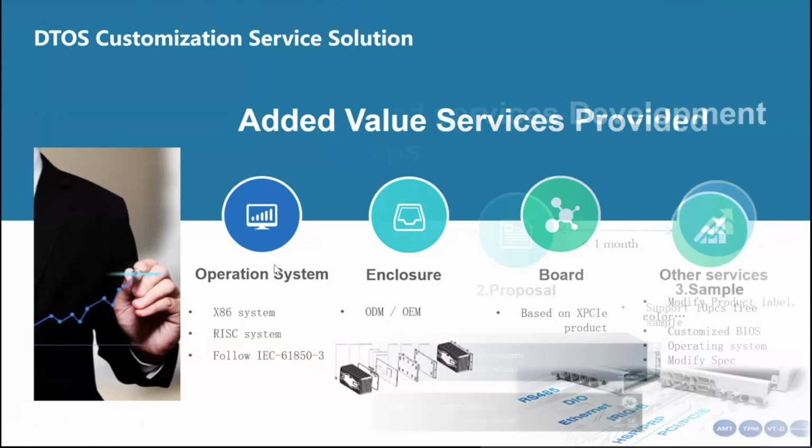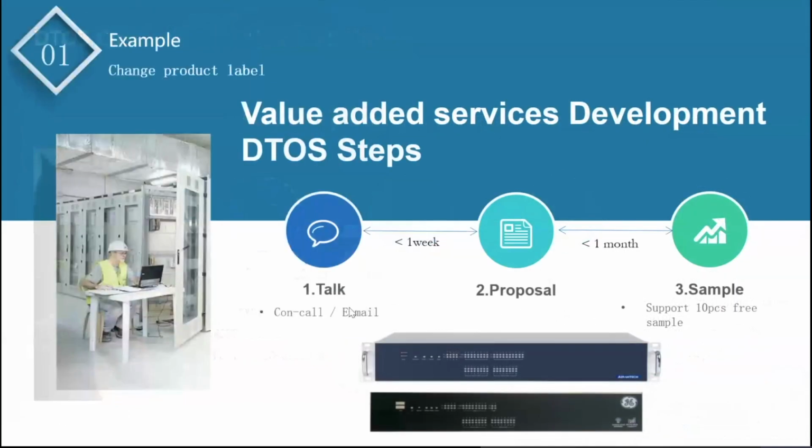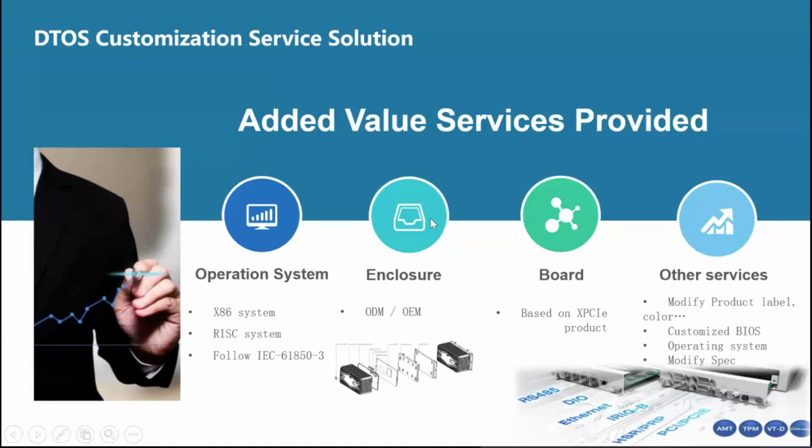This portion we cannot alter much, but for the enclosure we can change and alter based on the customer requirement, either by ODM or OEM mode. We can customize product label, colors. Also, we can customize the BIOS for our customer, operating system, and also can modify spec.